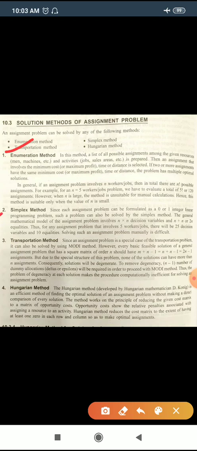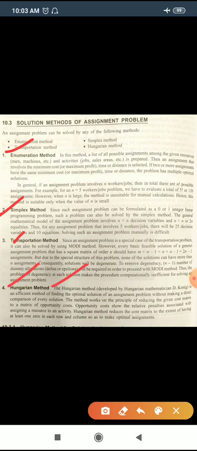The simplex method we discussed earlier. Using the simplex method in an assignment problem, there are so many restrictions that the calculation work is much higher. The transportation problem we did before this, and now we use the Hungarian assignment method.